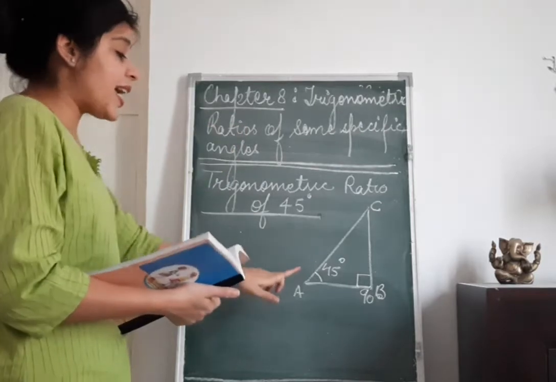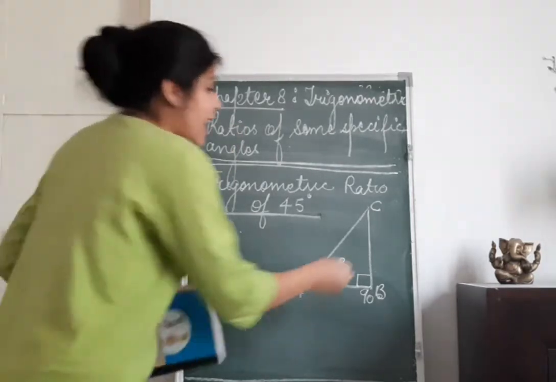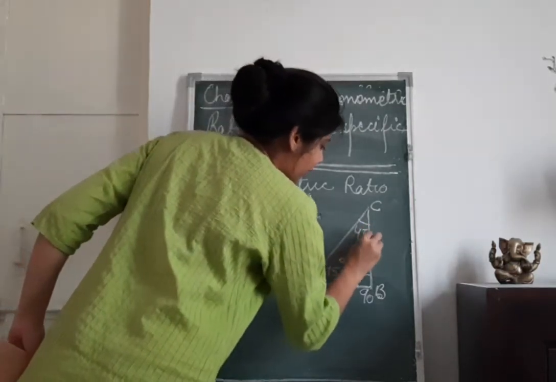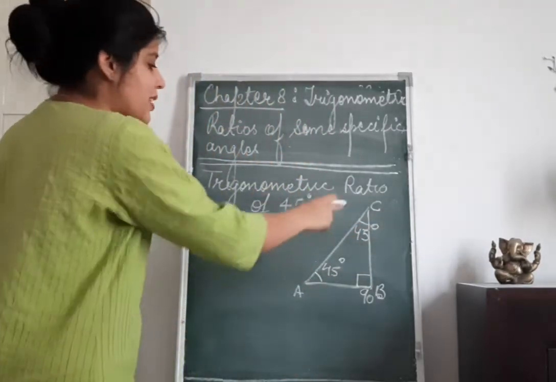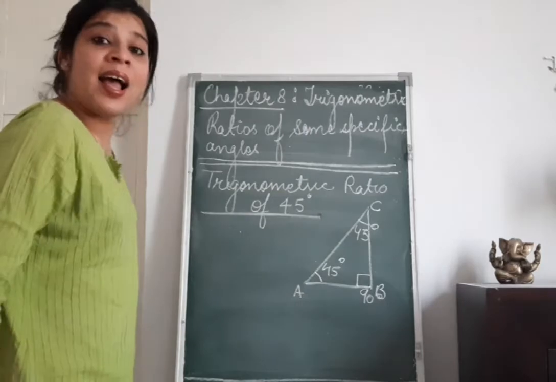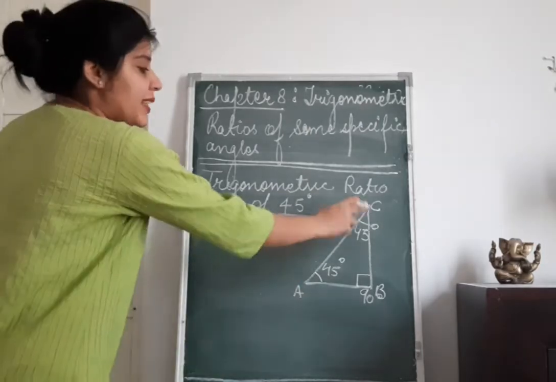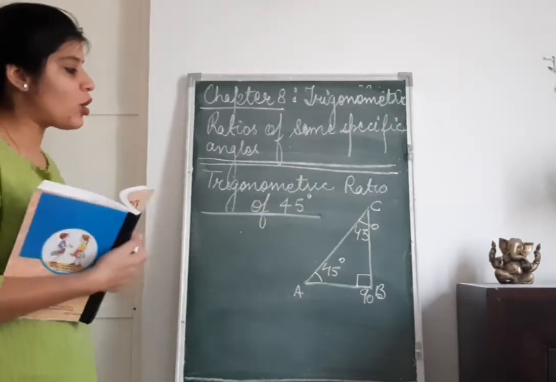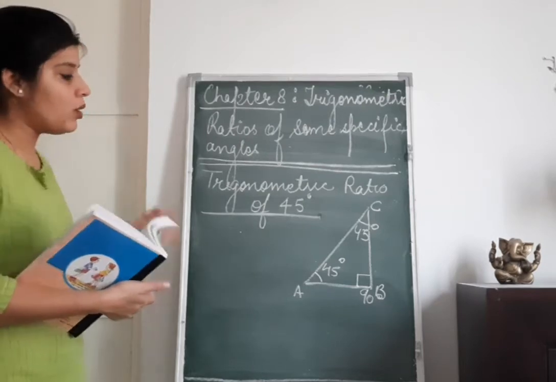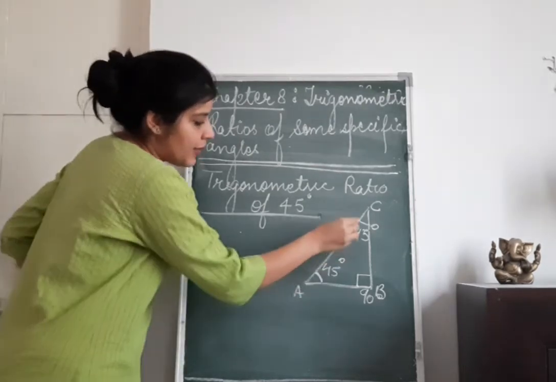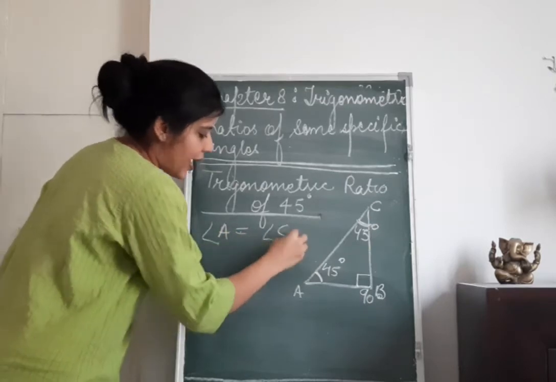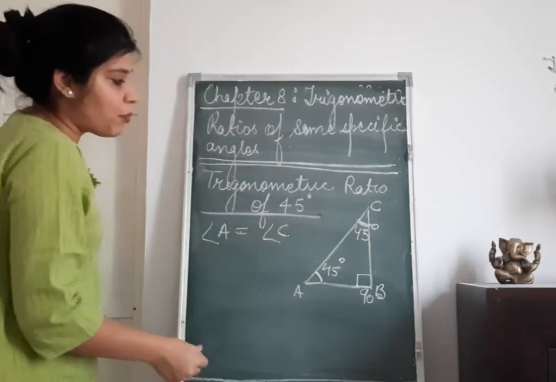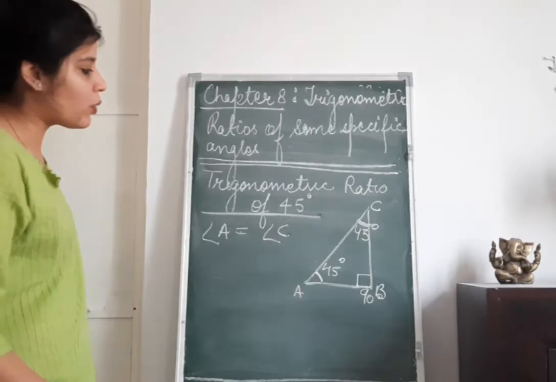Then if angle A is 45 degree, can I say angle C will also be equal to 45 degree? Why? Because sum of all the angles of a triangle has to be 180 degree. Therefore angle C is also 45 degree. Now, as both these angles are equal, that is angle A is equal to angle C, so sides opposite to equal angles are also equal.